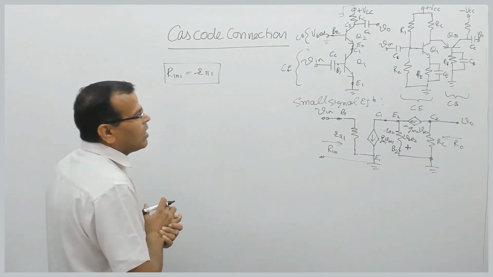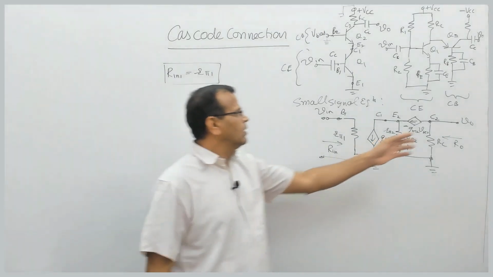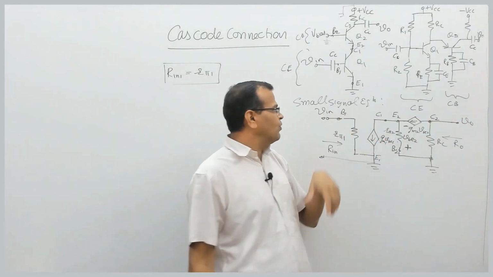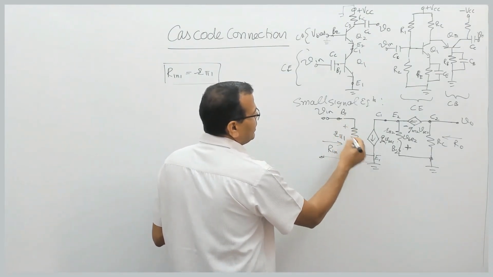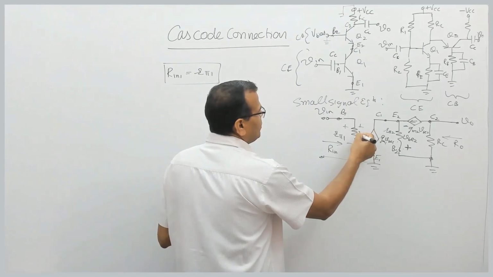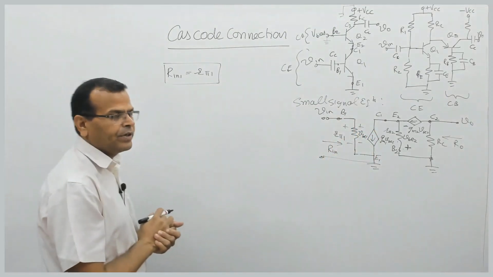Fine. Now let us see the voltage gain. Voltage gain will be what? The ratio of output voltage to the input voltage. So what is this voltage between this and this? That is VBE1. So that voltage is VBE1, and that is nothing but same as V input, right?